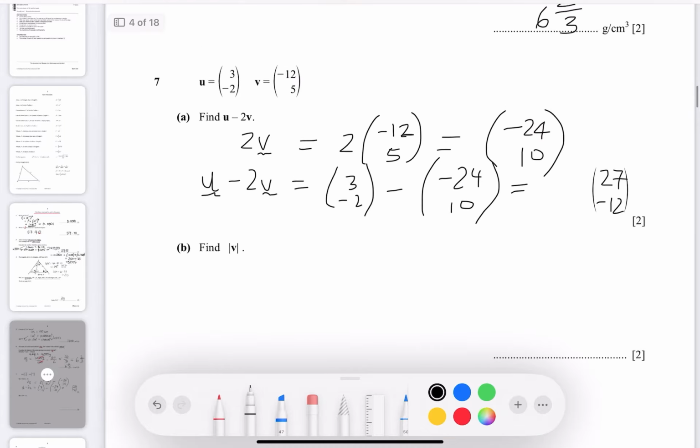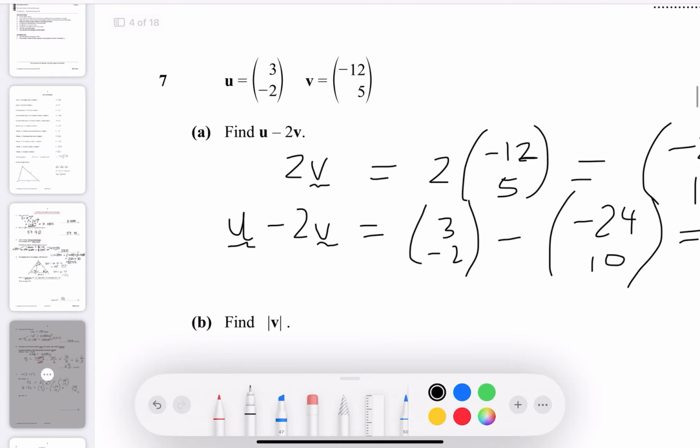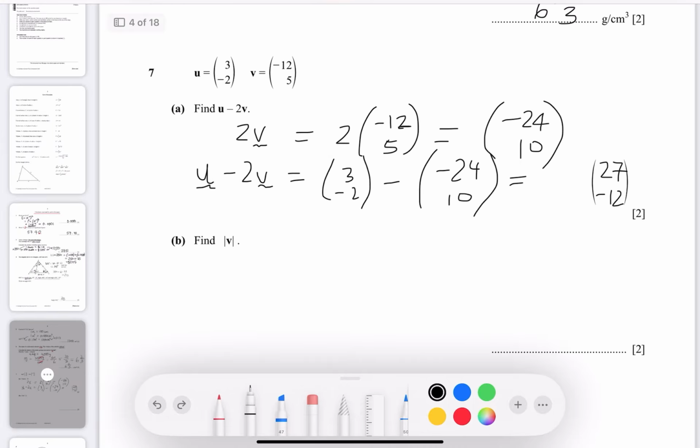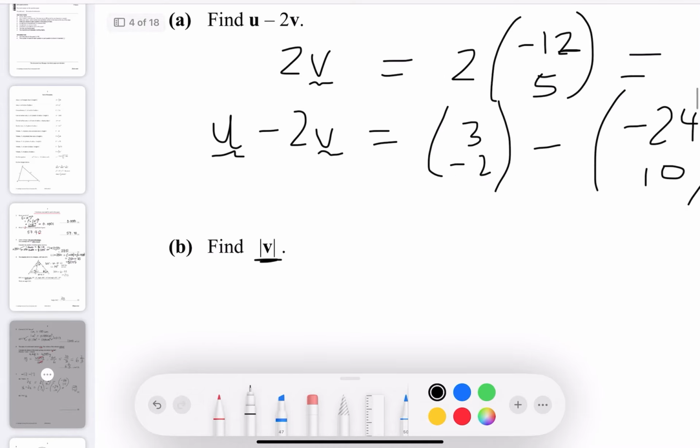Now we're asked to find, and if you notice here, the reason why I'm putting a little squiggly line under each of these letters is to differentiate it from a variable, because here it's being used as a vector and not a variable, which is why it's good practice to include the squiggly line under these letters. And now we are being asked, this notation is to find the magnitude of the vector v.